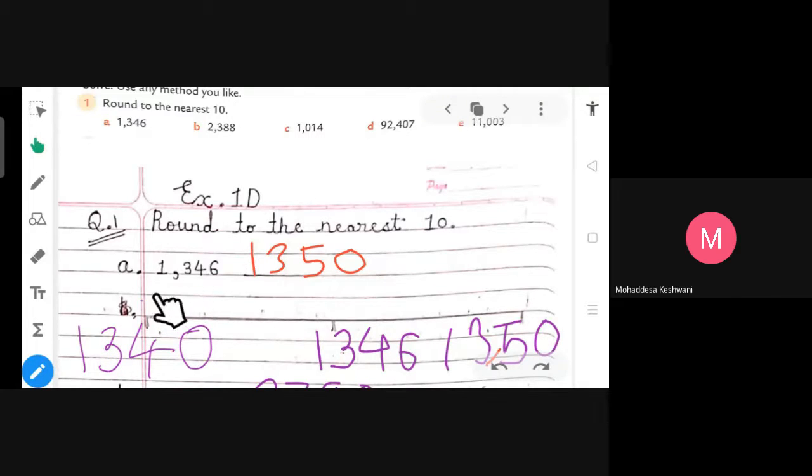Now this is our question. Then from the after number, see which number has 10. Then you have to see which number our question is nearest to.